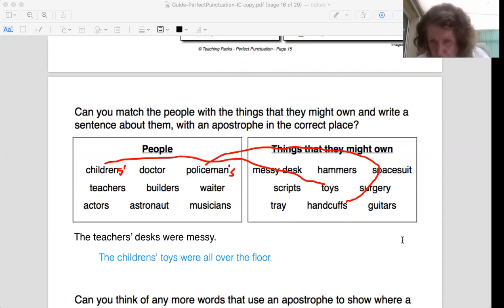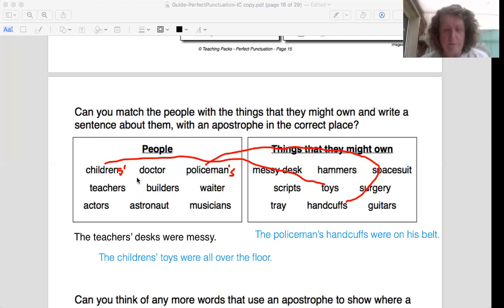Let me just pull that out. Can you see that? Can you see where the apostrophe is? The policeman's handcuff. One policeman. So the apostrophe goes before the S, and the handcuff belongs to the policeman.